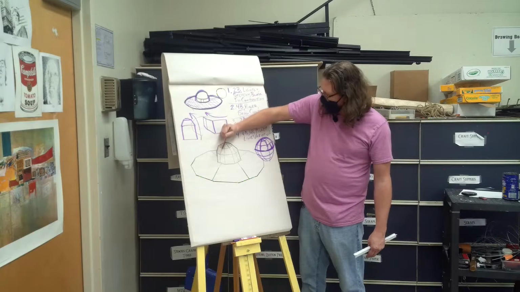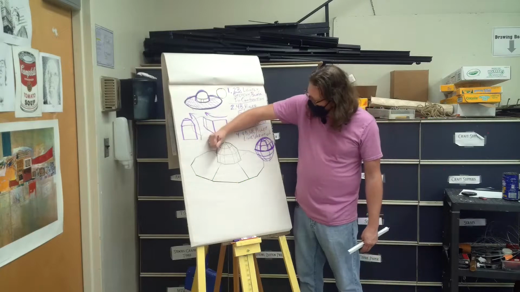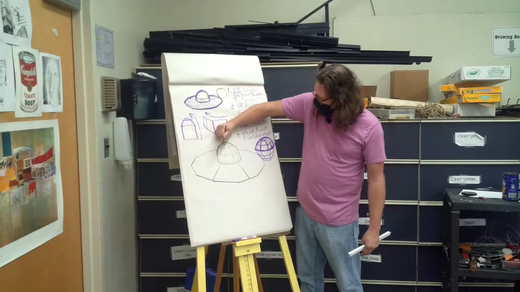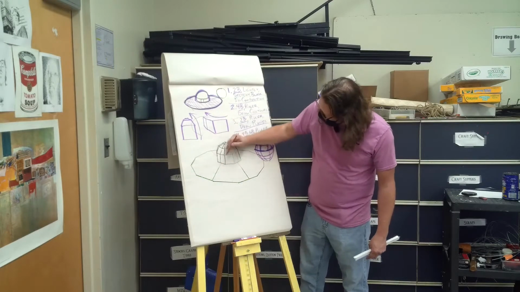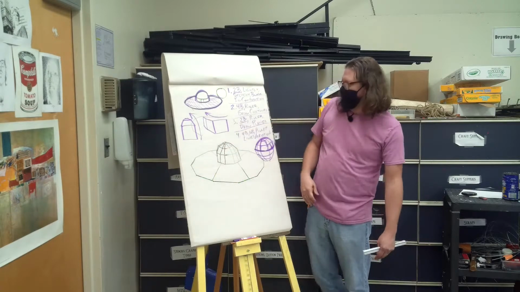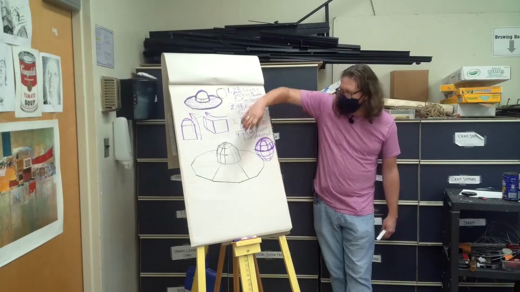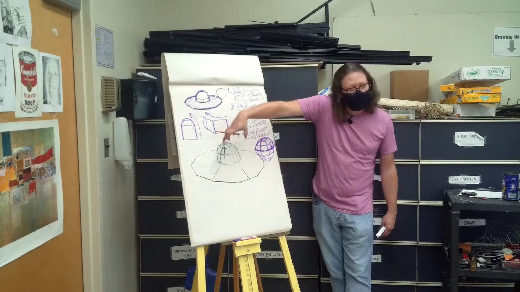If I put darker lines around the planes on one side versus the other, and then sort of trail them as we come across, it gives me that illusion that this is lit on this side and the other side is in shadow.